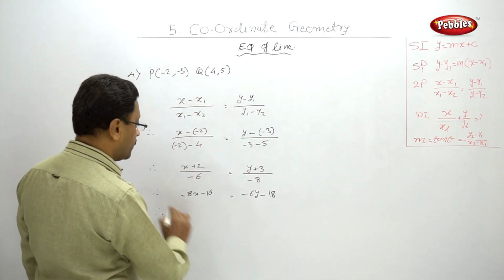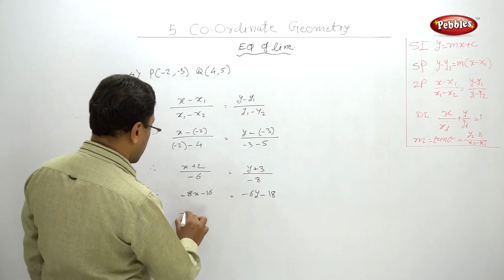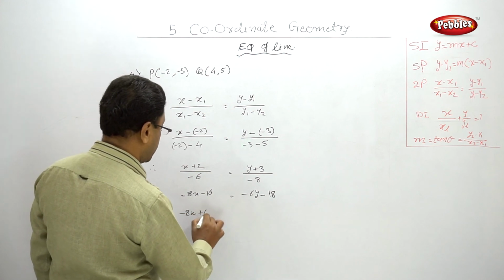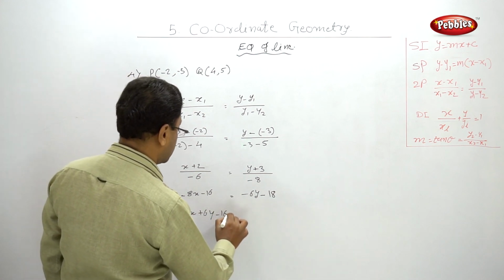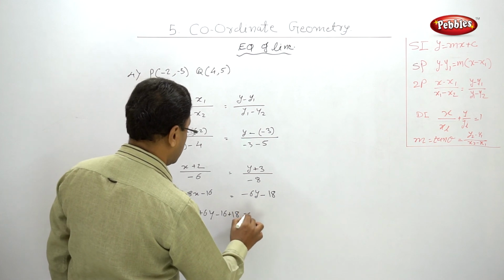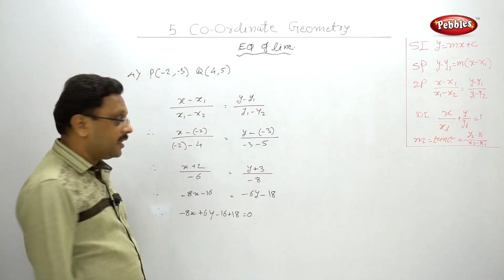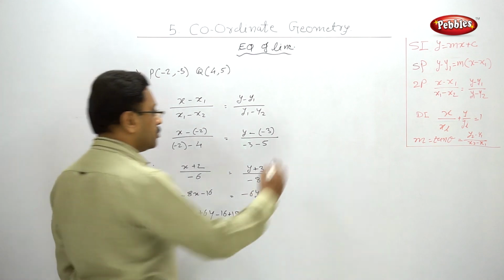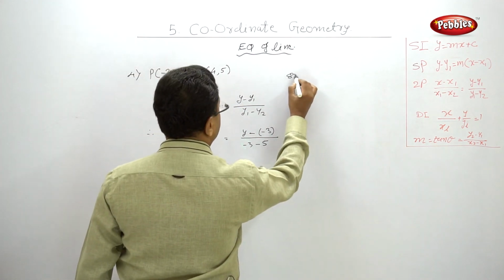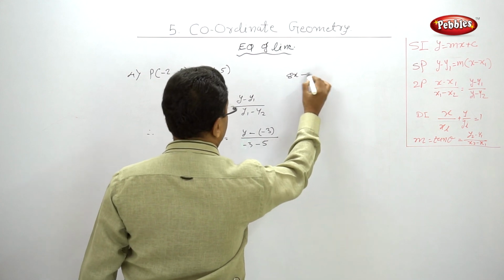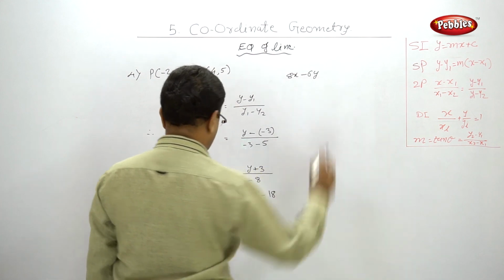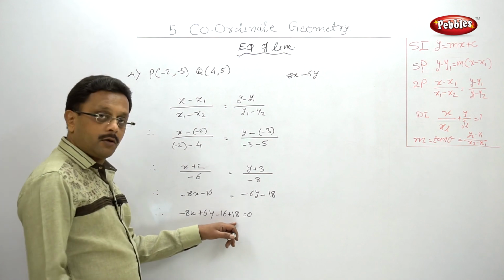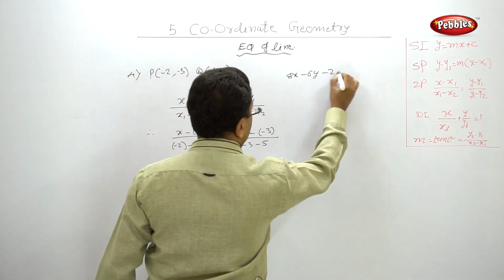Transform and we will get minus 8x plus 6y minus 16 plus 18 equal to 0. For our final answer, let us not keep the minus x. So we will have 8x, we'll change the sign, minus 6y, and here we will get 2, so it will be minus 2 equal to 0.